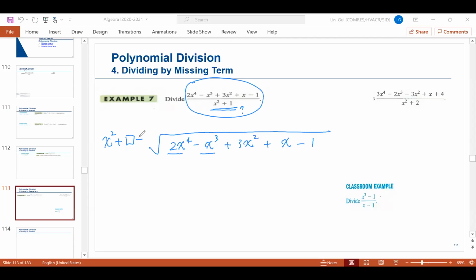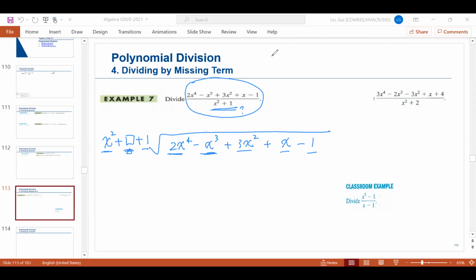So we give it a space at degree 1. So actually it is degree 3, 2, 1, 0, and then 4, 3, 2, 1, 0. We sequence them first. When they're missing a term, you need to give them space. If you're missing any of them, you give some space here, right?